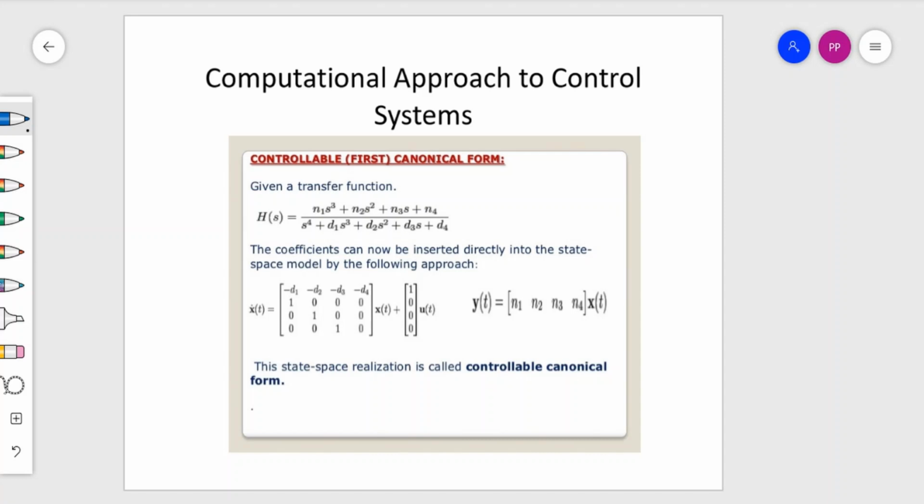This vector represents the input of the system, so it is also called the input vector. On the right you have y, which is the output of the system, equal to some matrix multiplied by the state vector x. This matrix is basically a transpose of a vector, that is n1, n2, n3 and n4.